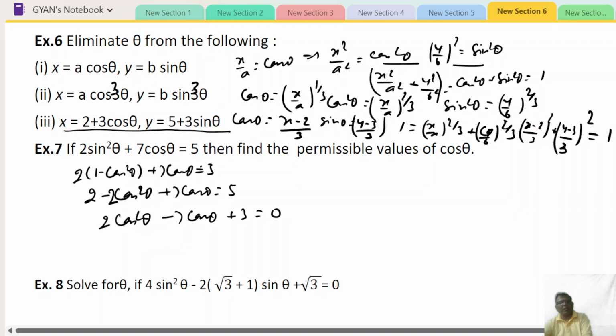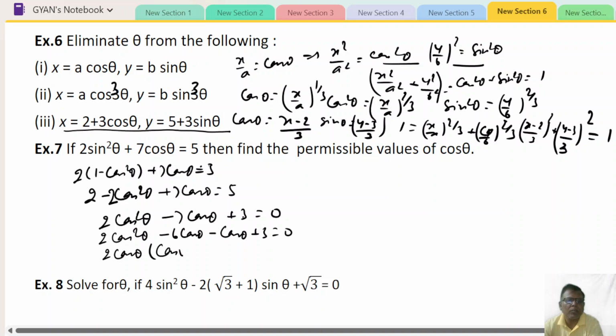So now you have to factorize. So how will we factorize? 2 into 3, that is plus 6. So minus 7 you have to split in such a way that the multiplication will be plus 6. So minus 6 cos theta and minus cos theta plus 3. This way you can do. So 2 cos theta common, then cos theta minus 3.